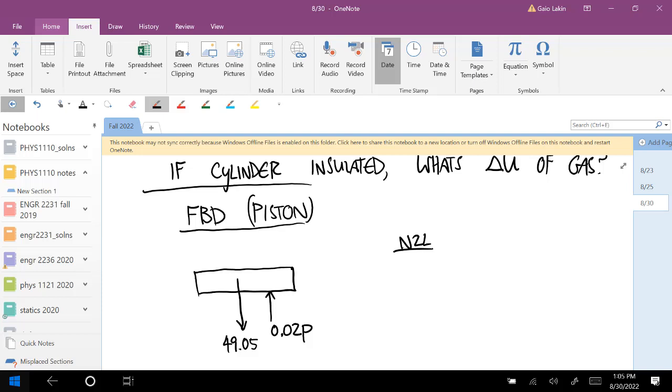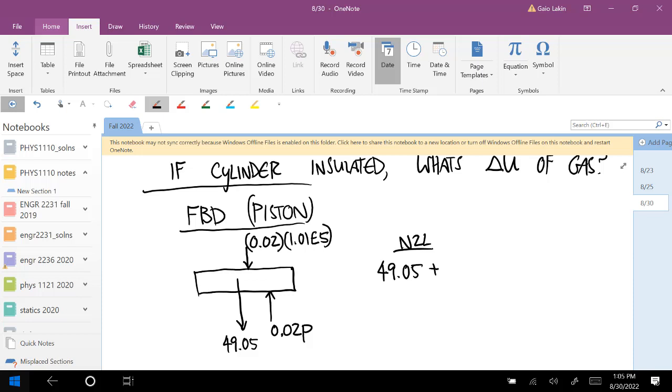There's an additional force here on the piston from the outside, and that is 0.02 times the atmospheric pressure, which is 1.01 times 10 to the 5th. So we have 49.05 plus 0.02 times 1.01 times 10 to the 5th. It looks like that comes out to be about 2020.